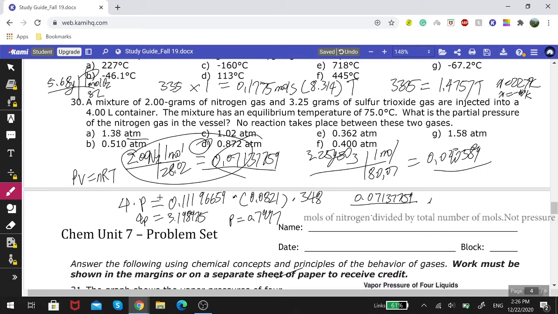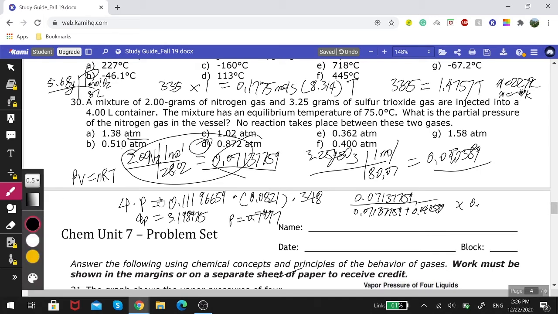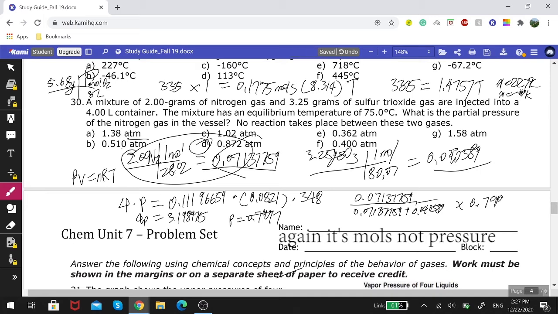First we're going to use the moles of nitrogen divided by the total moles of the two gases, which is 0.07137759 plus 0.040589, and then multiply by our P over here, 0.7997. Because this is how the law works, right?